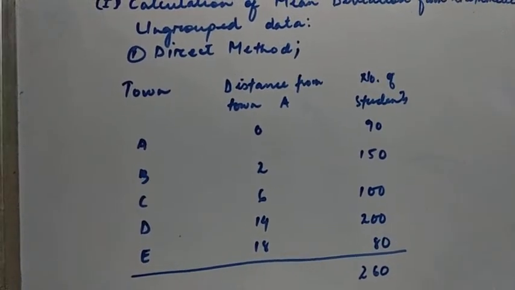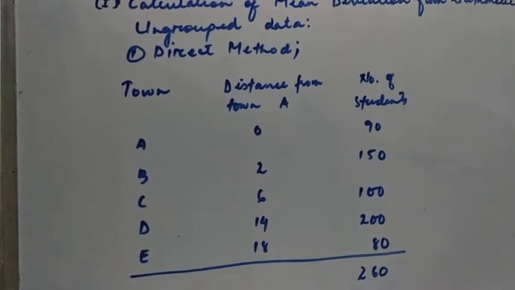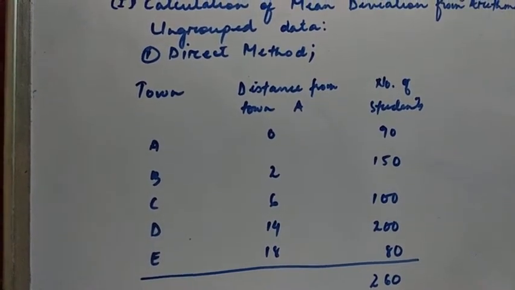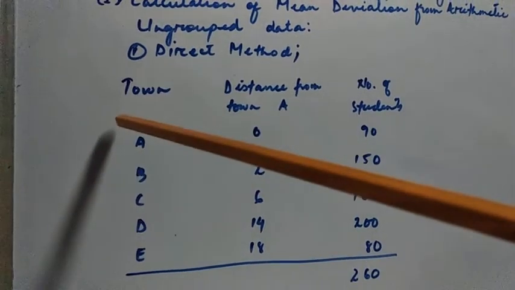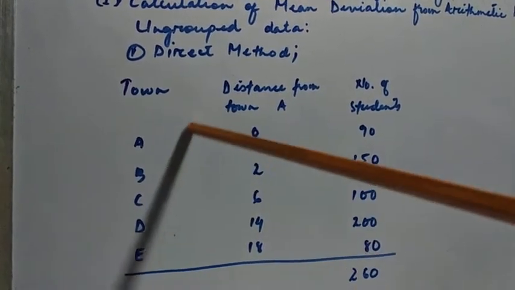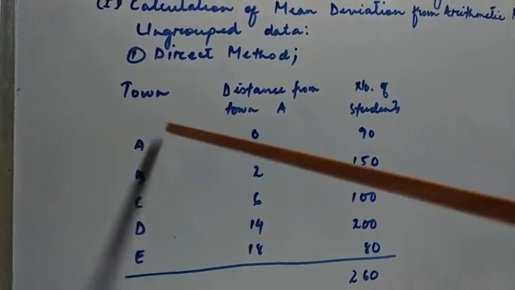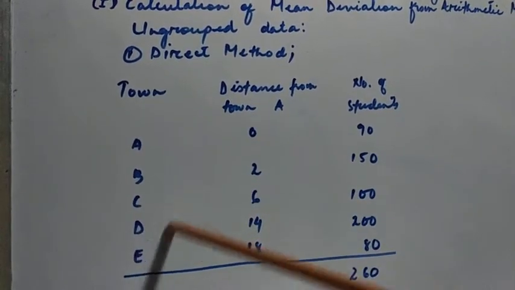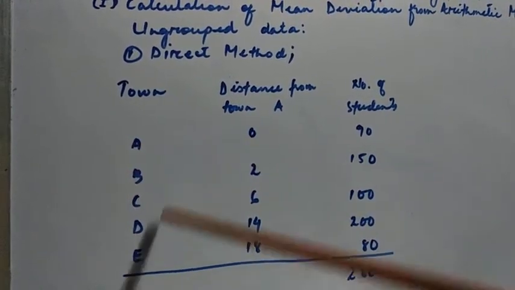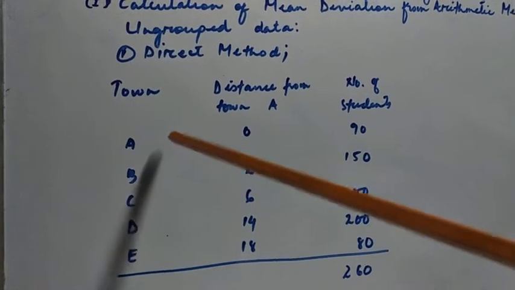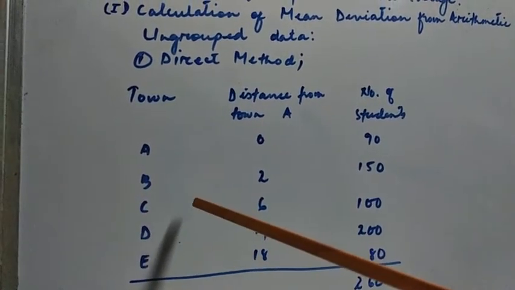Suppose a college is proposed for students of 5 towns. There are 5 towns where the students are staying, and a college is proposed for these students.